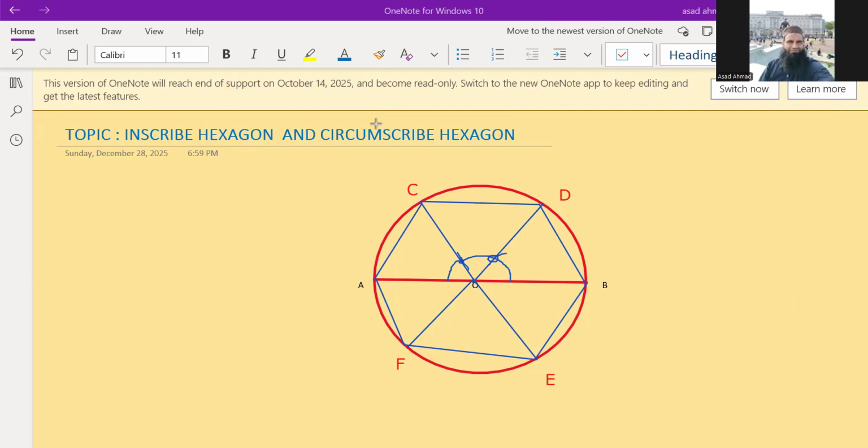For a circumscribed hexagon, you need to make a hexagon outside the circle. That circle should touch all 6 sides of the hexagon. For that purpose, you need to make 90 degree angles on all these corner points, starting from O to D, for example. Always make OD as a baseline for making a 90 degree angle.